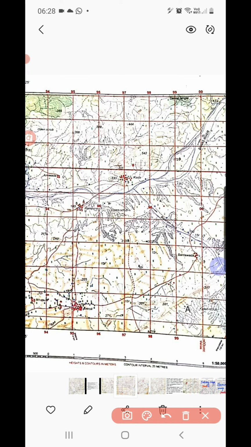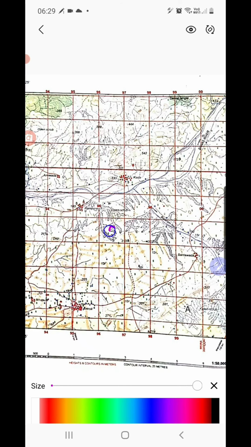Now in which bank of the Banas river is the settlement Kajra located? Where is the settlement Kajra? This is the settlement of Kajra. So that is on the right bank of the river. So in this way this kind of questions can be asked.